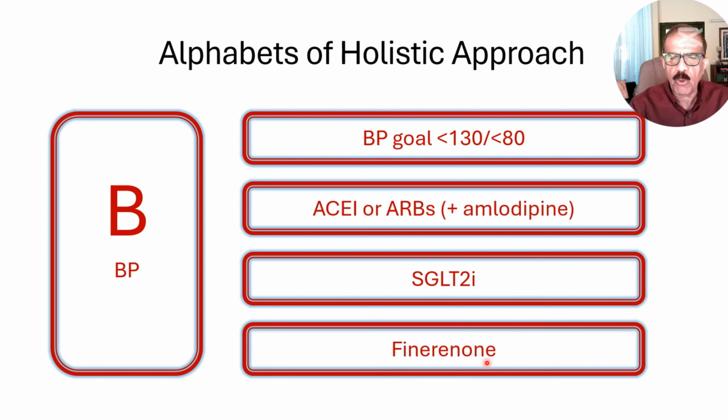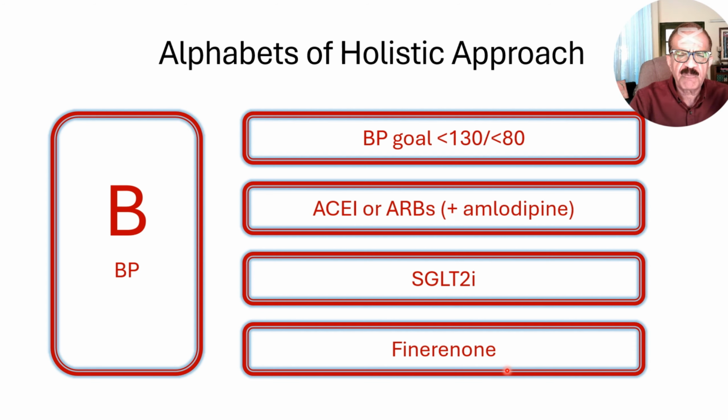Similarly, finerenone, if somebody has severe hypertension, refractory hypertension, then we use MRAs, mineralocorticoid receptor antagonists, as a fourth stage, and finerenone is also a MRA, a latest non-steroidal. As far as blood pressure lowering effect is concerned, it is a modest effect.